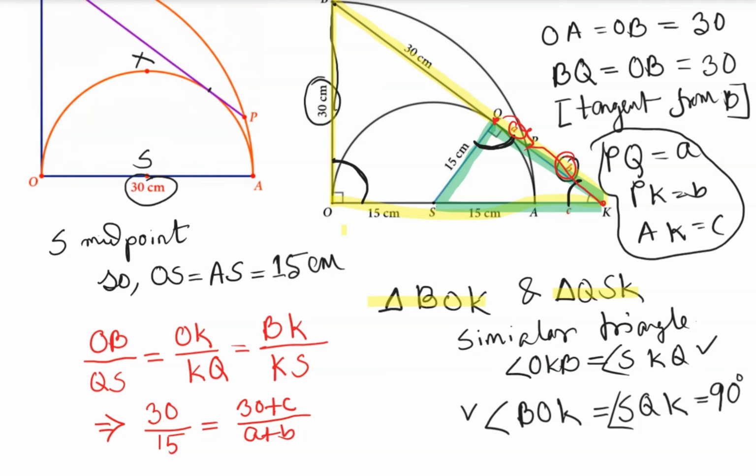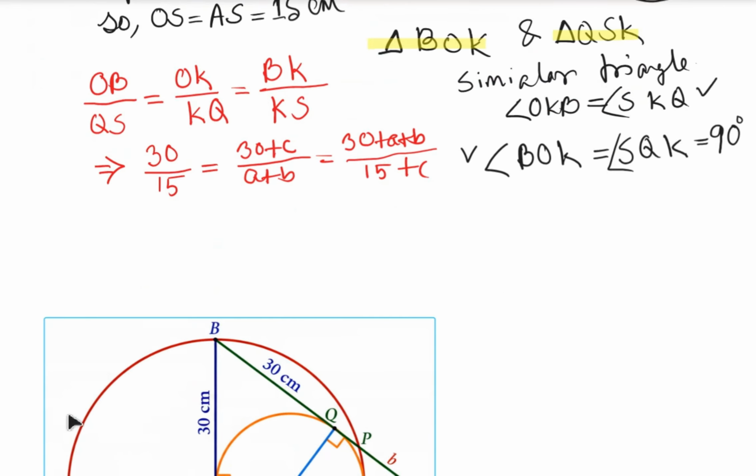Also we can write down the value of BK is equal to 30 plus A plus B over 15 plus C. Now let's solve the equations.